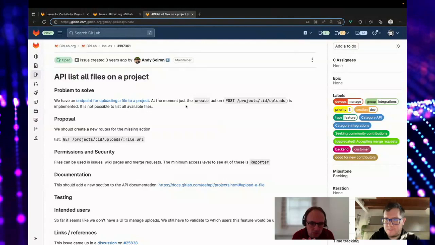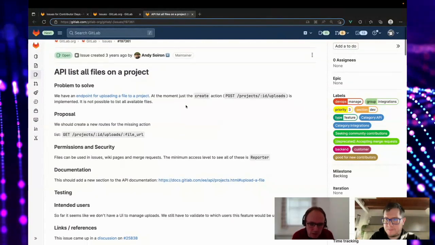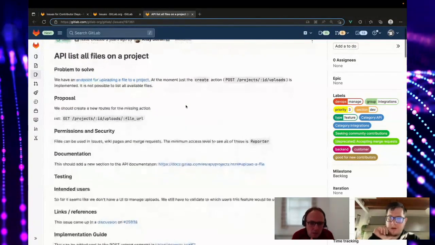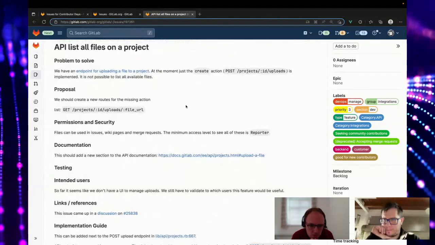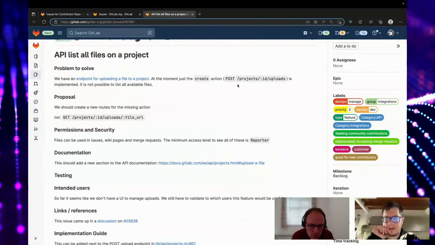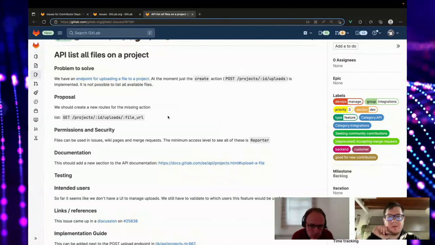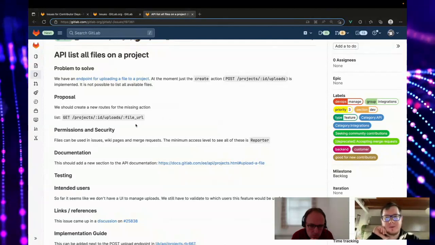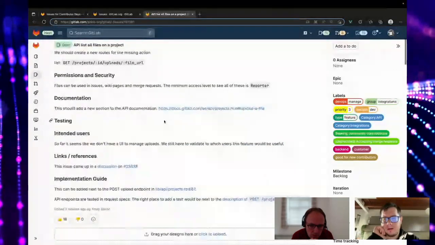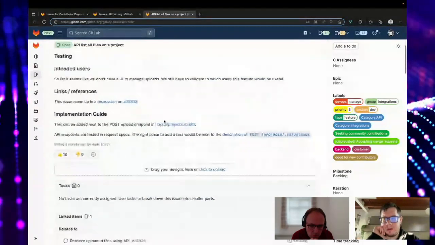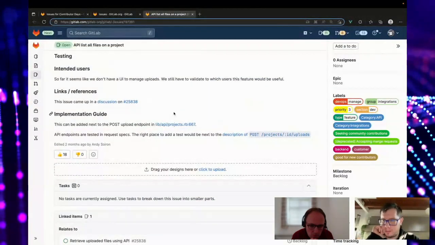This doesn't look particularly scary. Yeah, also because there's already the post, so there's nothing really new to add. We only need to expose the new API. Yeah, this implementation guide. Awesome.